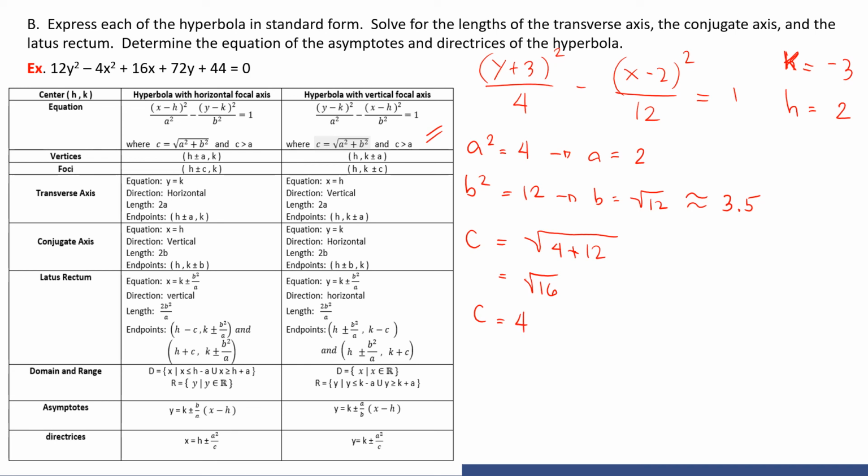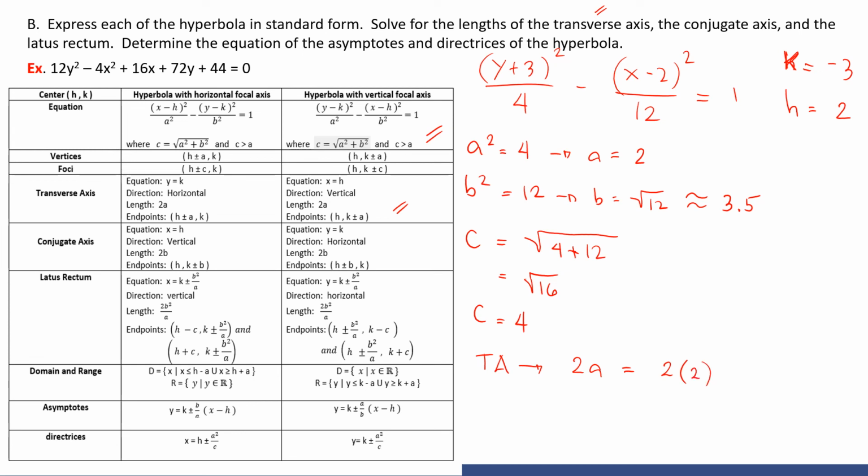Okay? At syempre pa, isa-isa na natin ang ating dapat hanapin. So, solve for the lengths of the transverse axis. So, ano ba ang length of the transverse axis? Sabi dito, the length is 2a. Meaning, it's 2 times a.